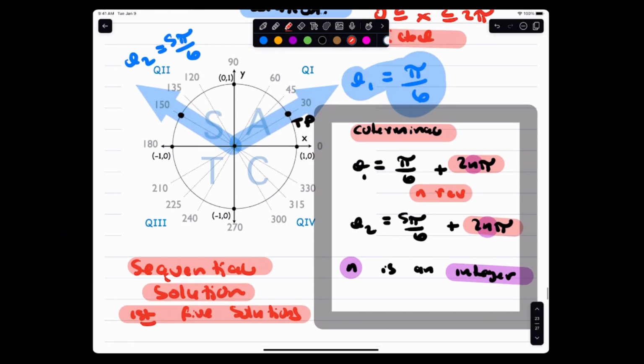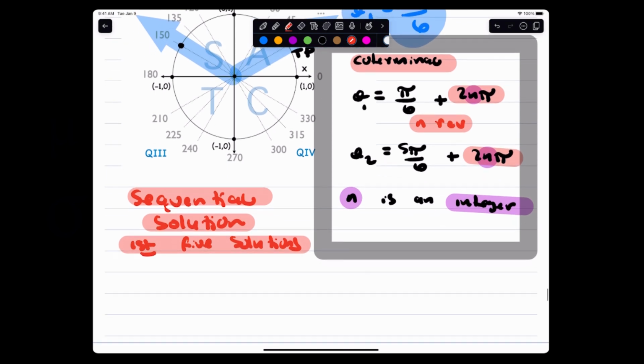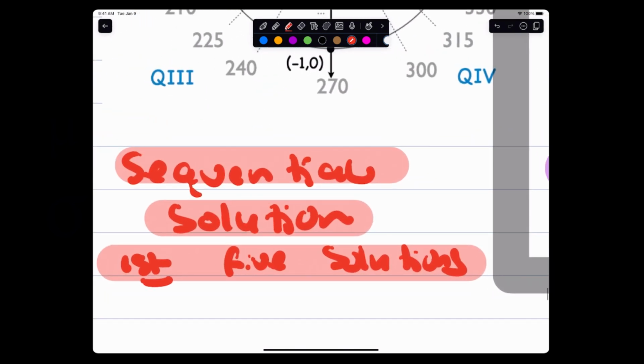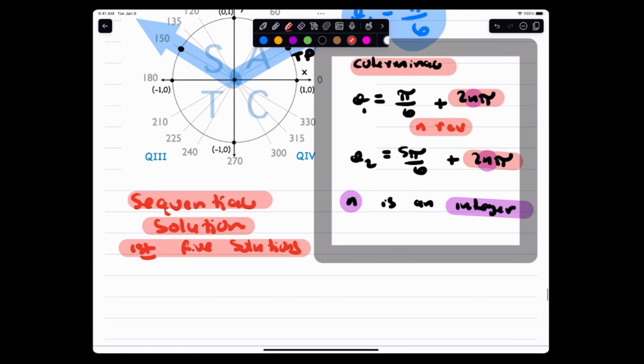They want the first 5 solutions here. You're like, what are you talking about? How do I get the first 5? What do they really mean? We'll figure this out. Well, we're going to write this in sequential form. Now, sequential form is really simple to do.